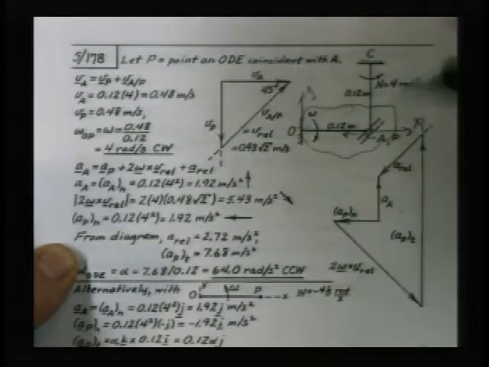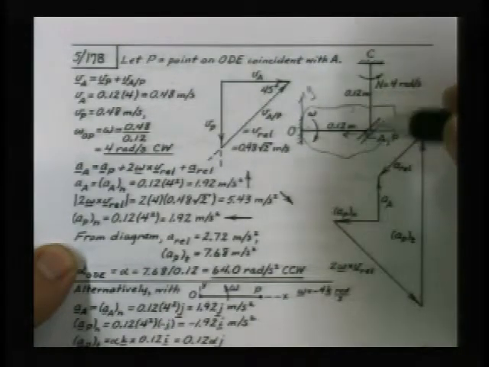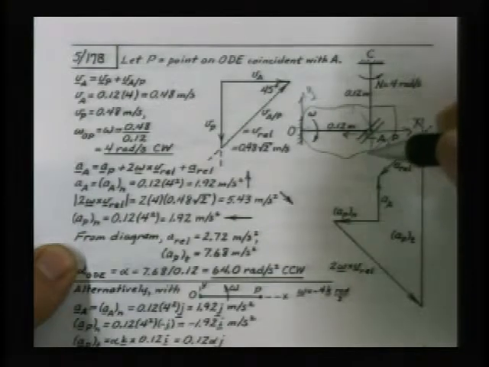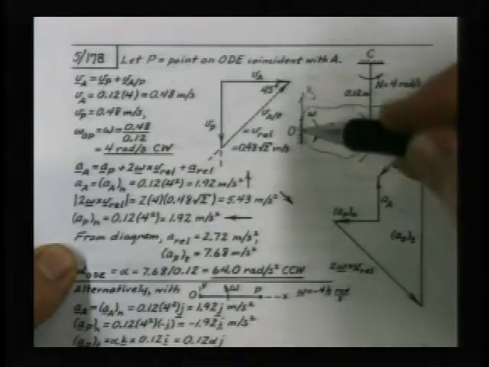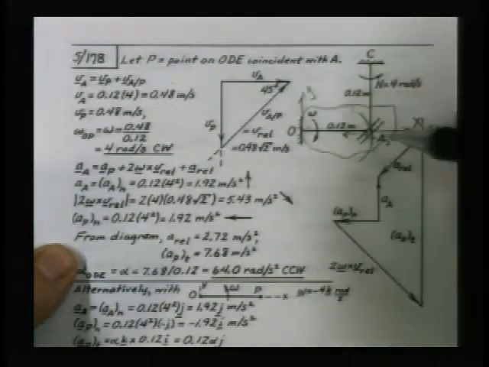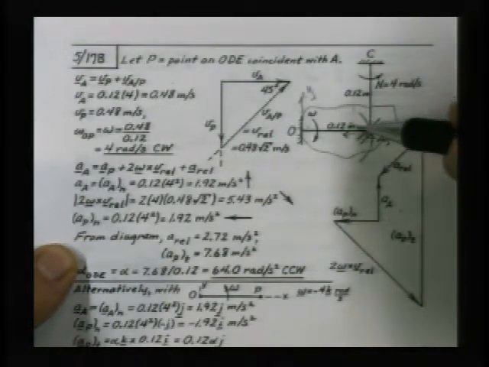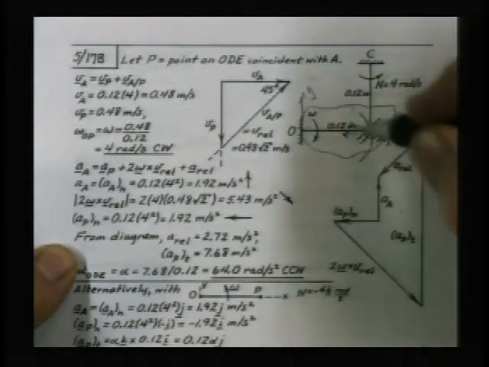P is on this member. So we have circular motion around this point O for point P, and point A is hooked on this member, so it's in rotation about this. This is the way we've studied this before.